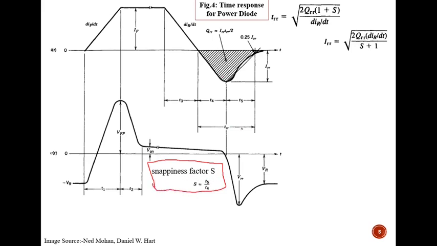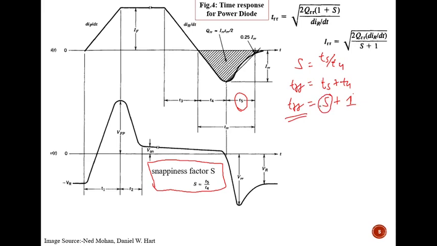The snappiness factor is S equals T5 by T4. So the manufacturer provides the reverse recovery charge, and TRR is T5 plus T4. So the manufacturer provides S and TRR.